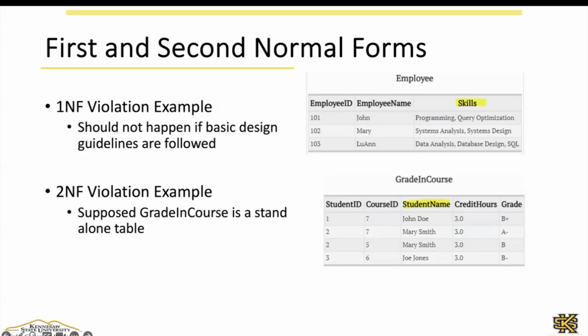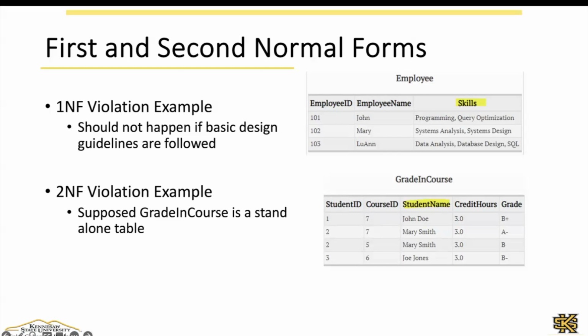To resolve this second normal form violation, we need to create a new table that uses the partial key attributes, in this case, a student ID, as the primary key for the new table. So to fix this grade in course table, you would create a new student table that uses student ID as the primary key and includes attributes like student name that depend on it.